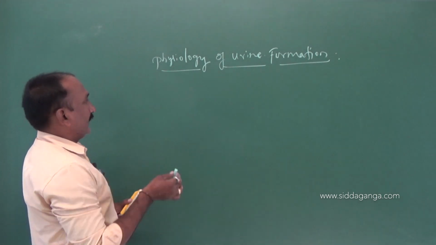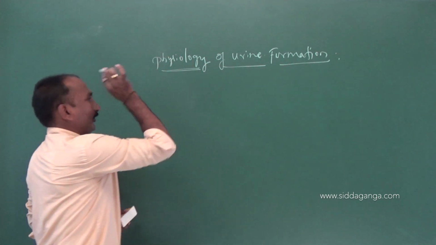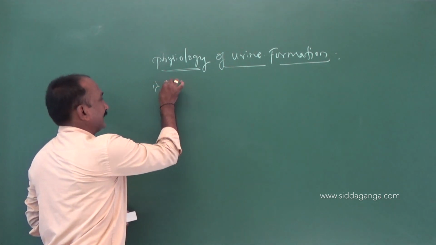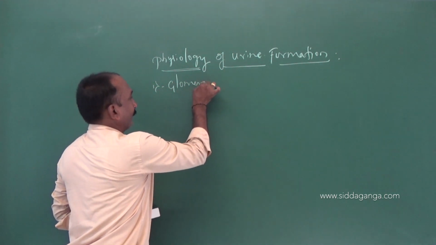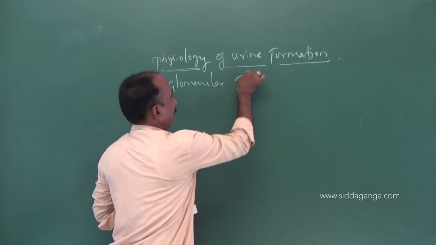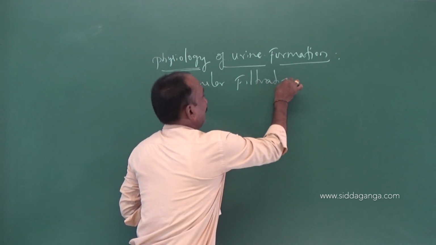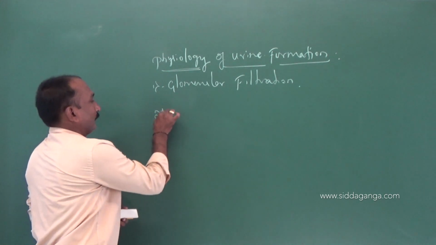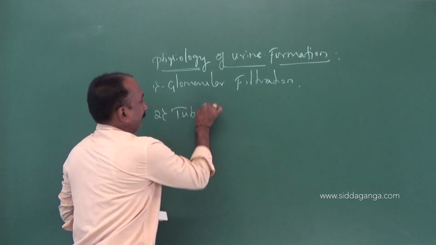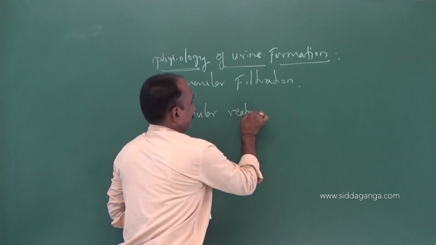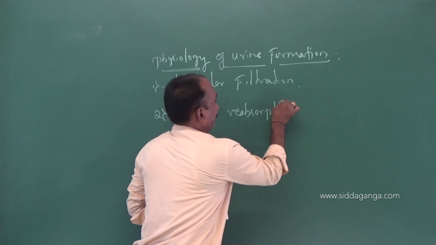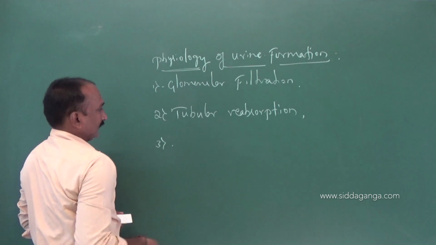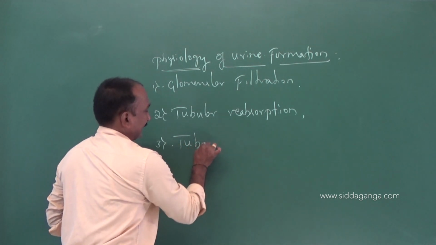It can be studied under the physiology of urine formation, which occurs in three distinct steps. The first step is glomerular filtration. The second one is tubular reabsorption. And the third one is tubular secretion.